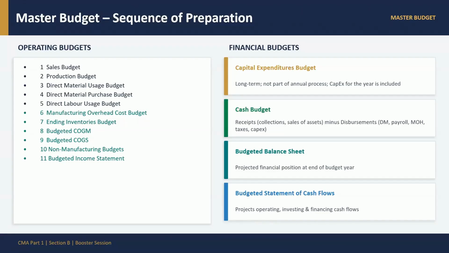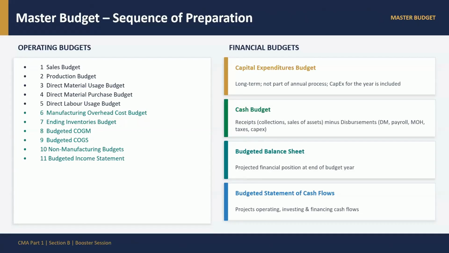What is an income statement? It's a summary of our core operations. All the budgets are interdependent. You can't prepare the direct material usage budget first and the production budget next. It has to be prepared in the same order.